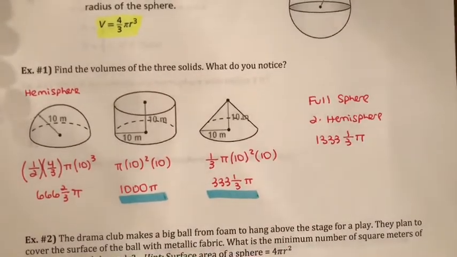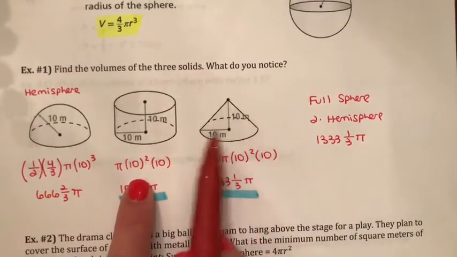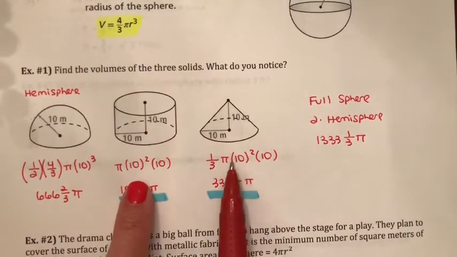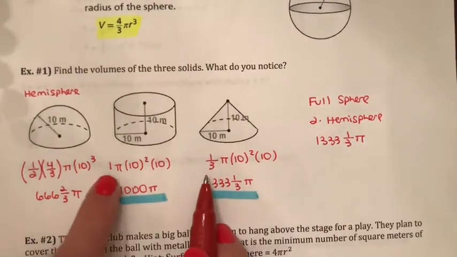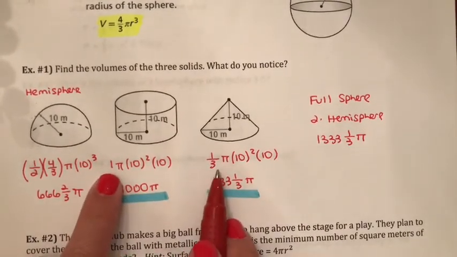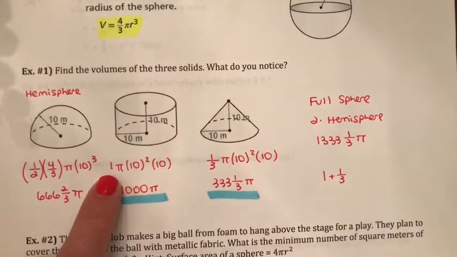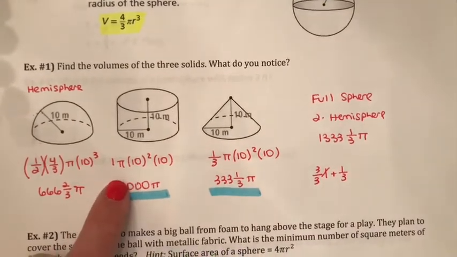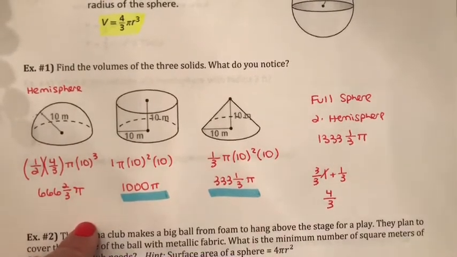So if we're making some observations, that full sphere is the same as if I were to add these two together, okay? So you'll notice that if everything else in the equation stays the same, notice my height was 10, my height was 10. The radius was 10, the radius was 10. Basically, I'm just adding the coefficients in the front. Well, if I add 1 plus 1/3, okay, getting common denominators here, we have 4/3.